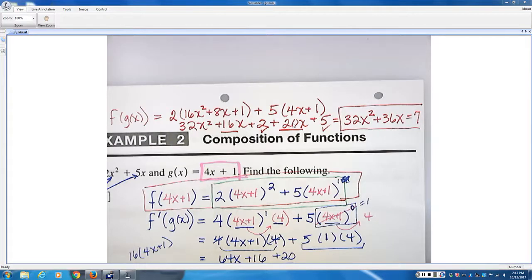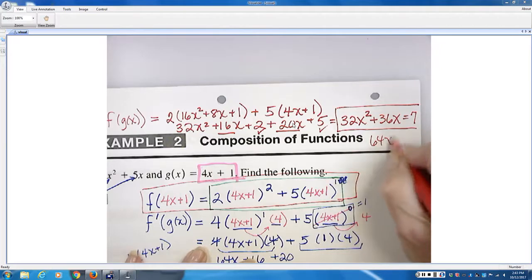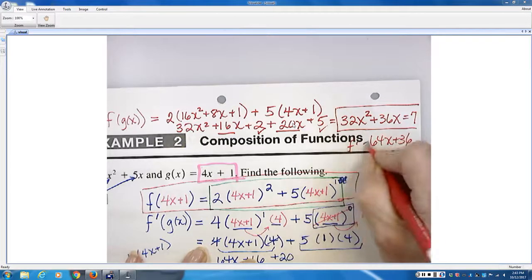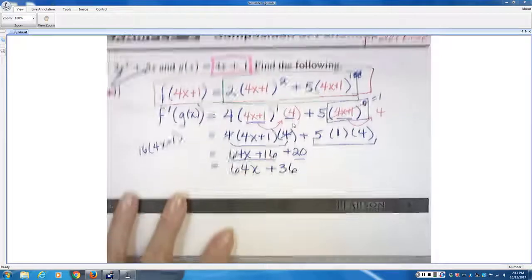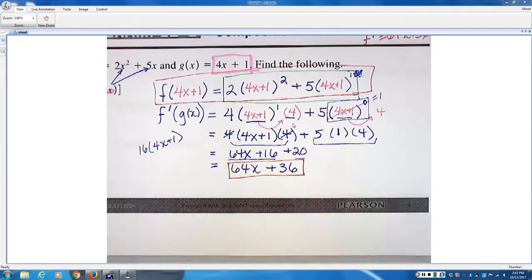What is it? Plus. And that's exactly what we got with the chain rule.